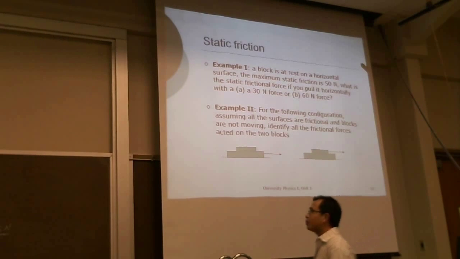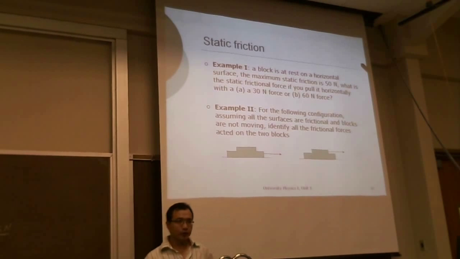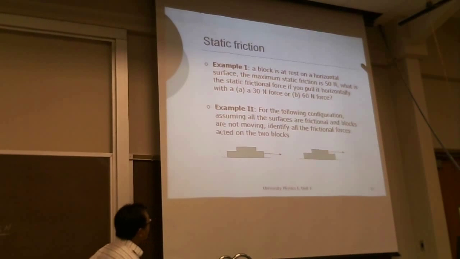Now, example 2 is about the direction. For the following configuration, assuming all the surfaces are frictional and blocks are not moving, okay, we're talking about static friction. Identify all the frictional forces acted on the two blocks.